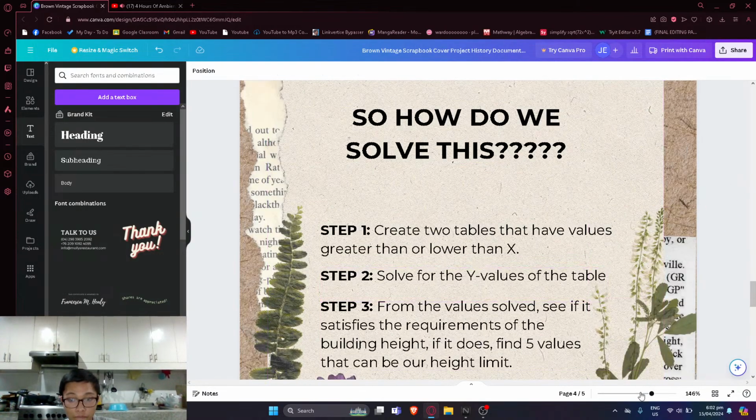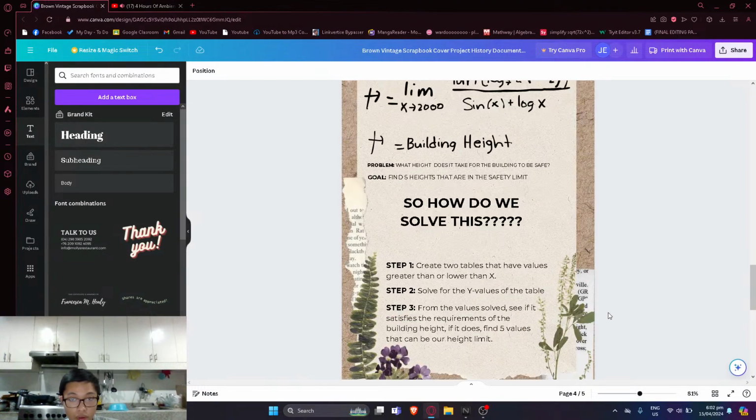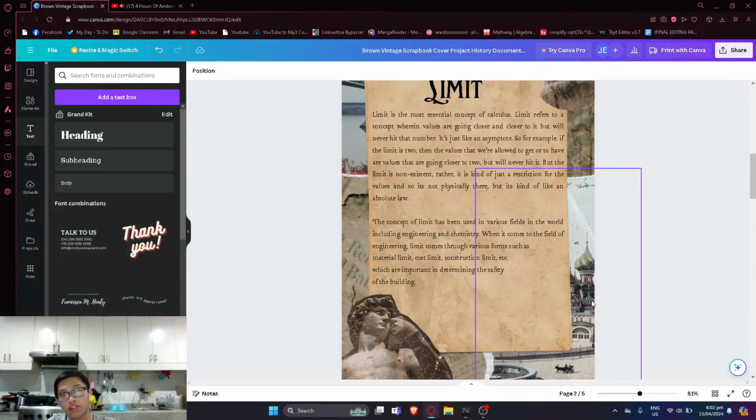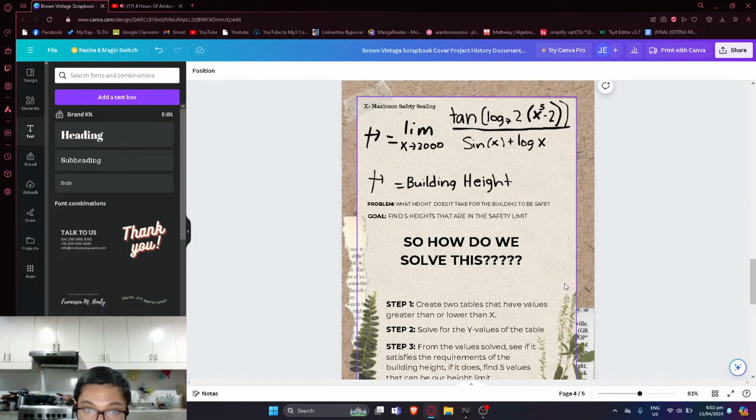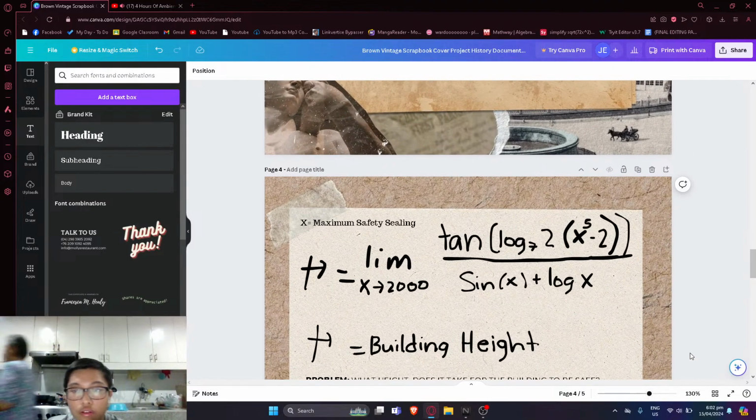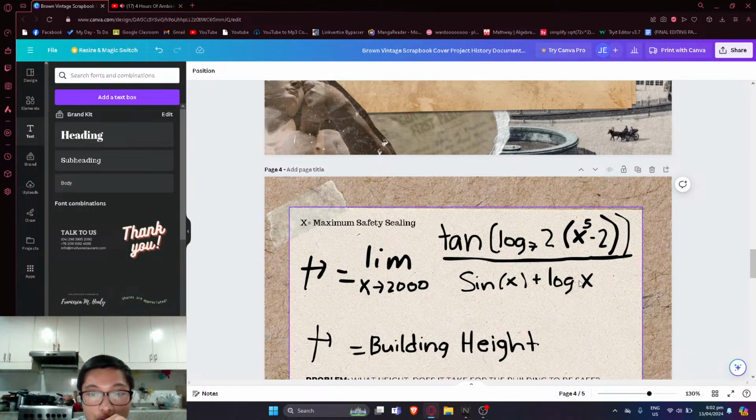Yan. You got a ridiculously hard given. The limit of tangent log base 7 times 2 the x to the 5th minus 2 over sine of x plus log x.